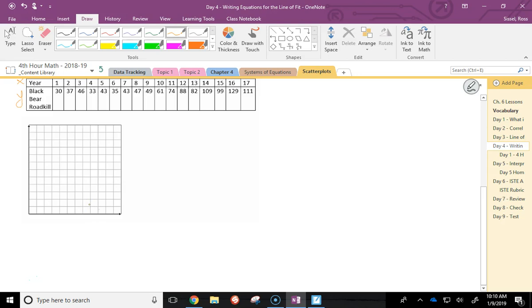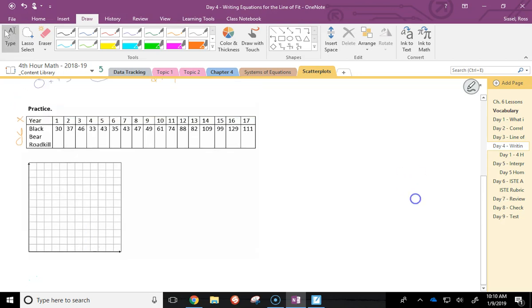If I find my high and low for the years, my high on my x-axis is 17, my low is 1. Am I going to be getting away with saying every line is worth 1? We're not going to get that. But I'm going to show you how we're going to cheat with this one, just a little bit.